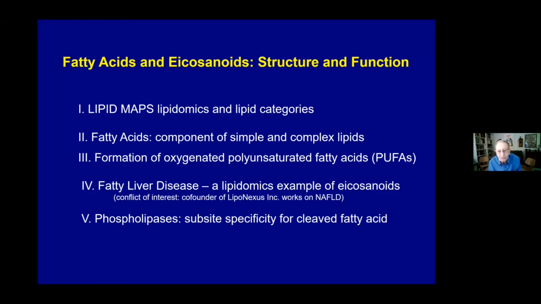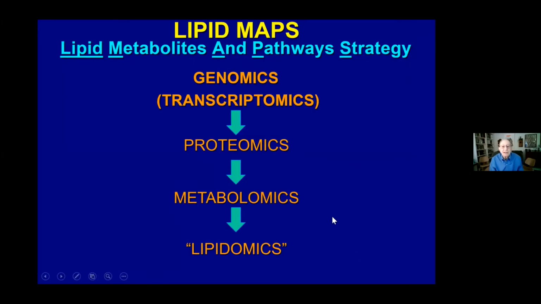And those specificities can detect whether there's an extra double bond or an extra couple of carbons in a fatty acid chain, to emphasize the very important structural basis of fatty acids and their recognition in biological settings. So with that, let me introduce lipid maps once more, following up on Valerie.